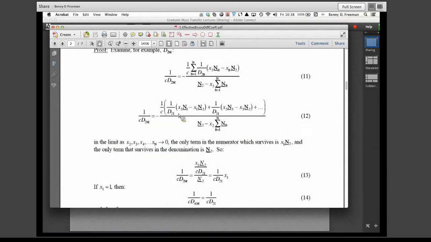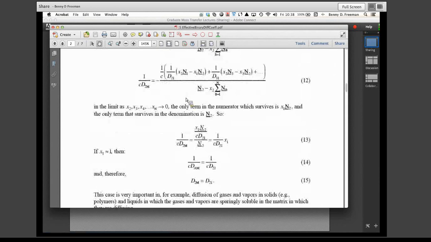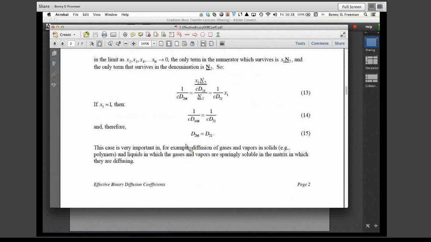When you have x2, x3, and so forth going to 0, and only x1 being nearly equal to 1, then this is the only term that survives out of the numerator, and you can write that expression in the following simplified form and derive the result that we showed you in the box just a minute ago. That is, the diffusion coefficient of one of those trace components in the mixture is just equal to the diffusion coefficient of that trace component into the background material, the water in the case we were using, absent all the other components.